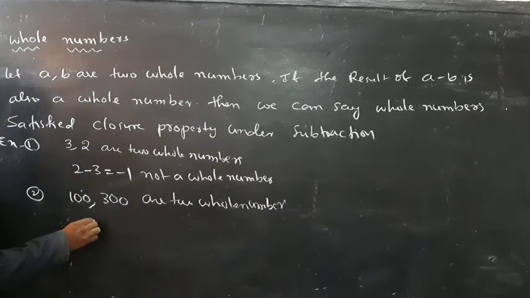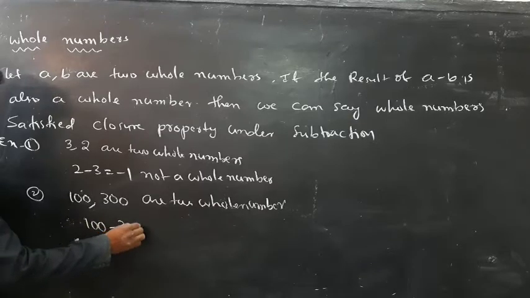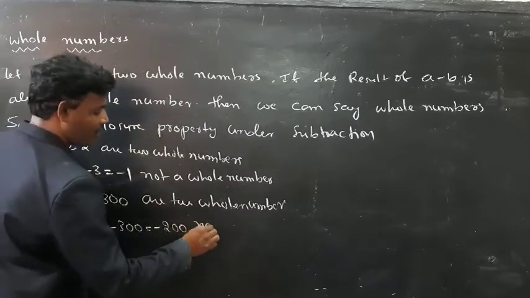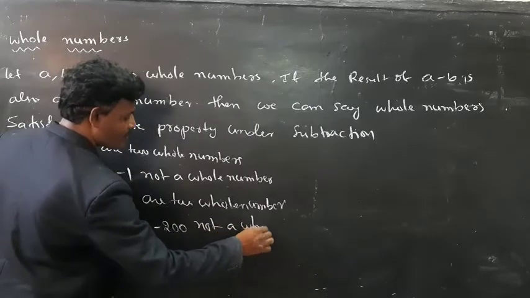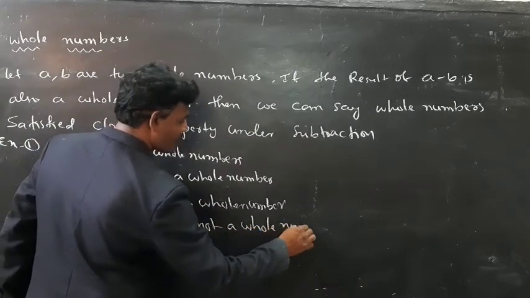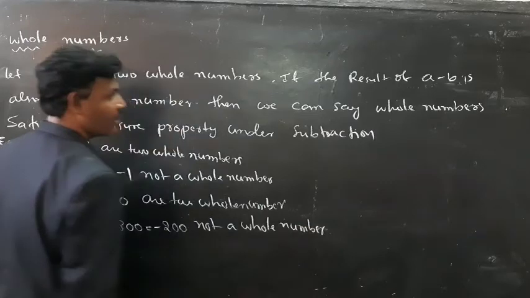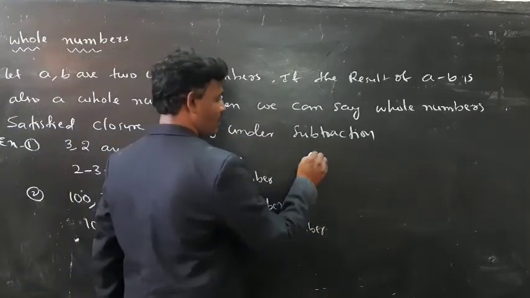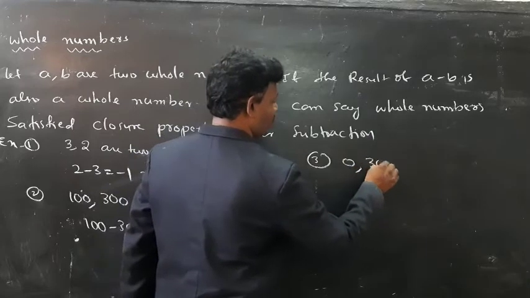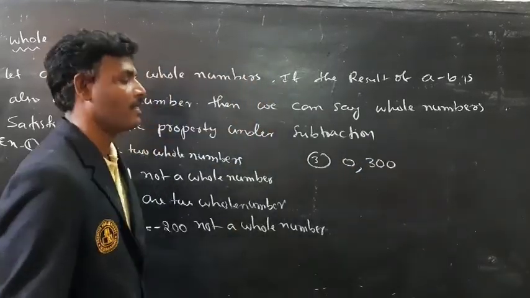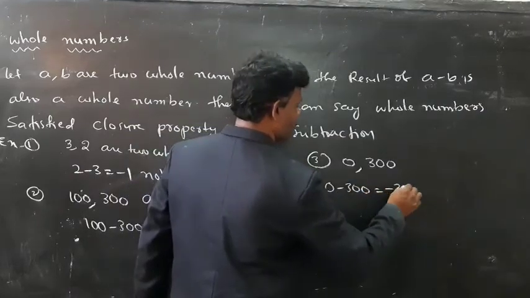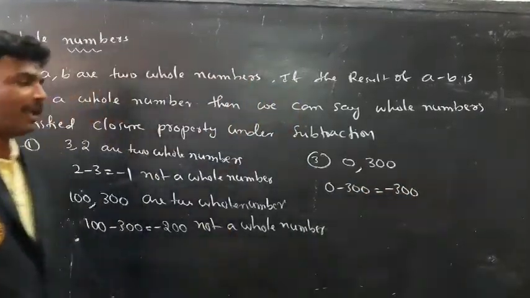Then 100 minus 300 is equal to minus 200. Not a whole number. Next, third example. 0 comma 300 are two whole numbers. Then 0 minus 300 is equal to minus 300. It is also not a whole number.